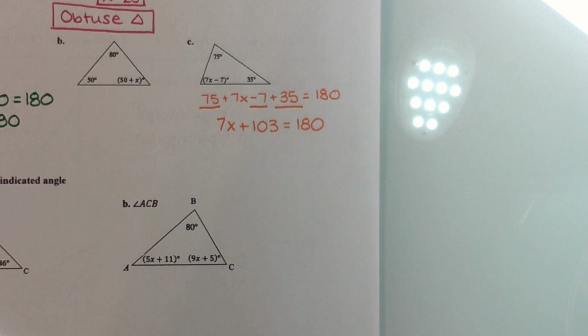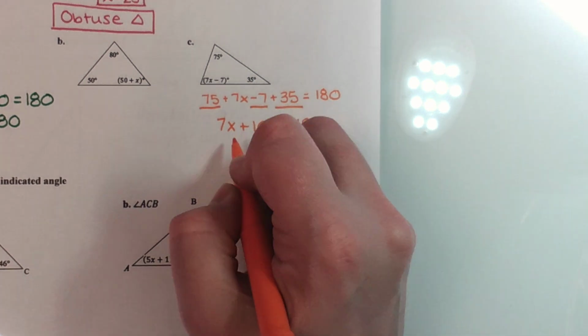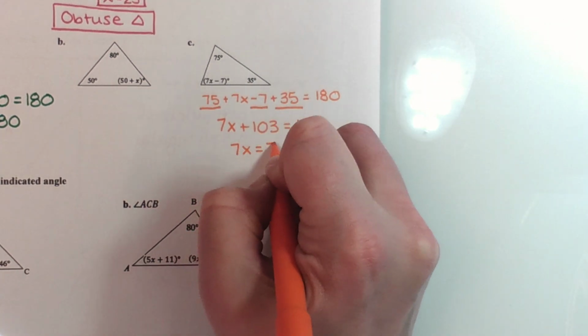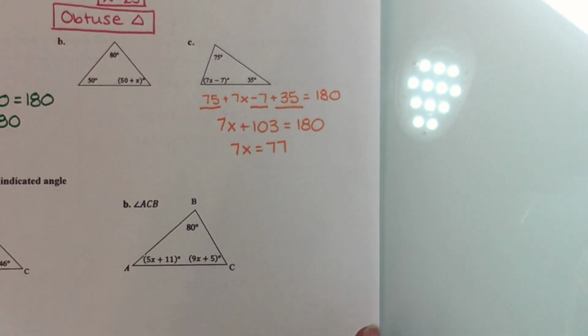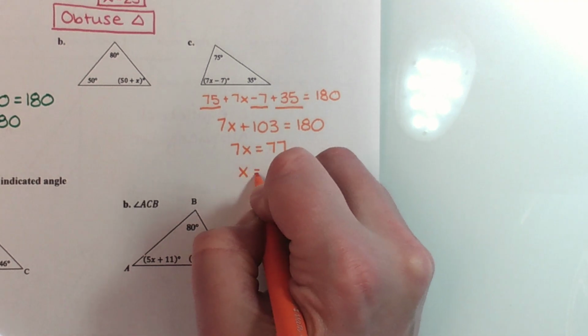Now what? Subtract the 103. 7x equals 77. Divide by 7 and x is 11.